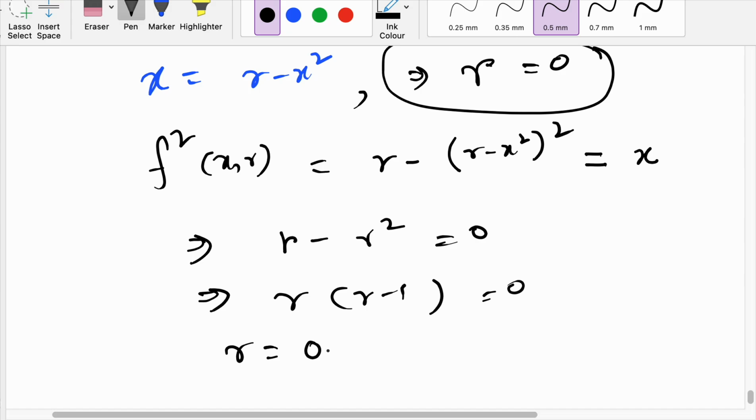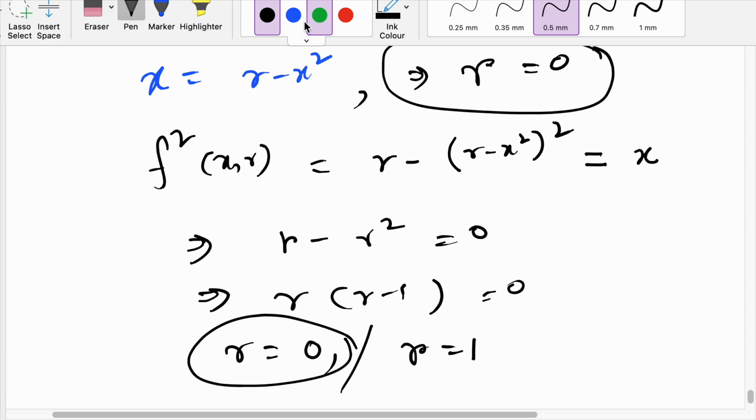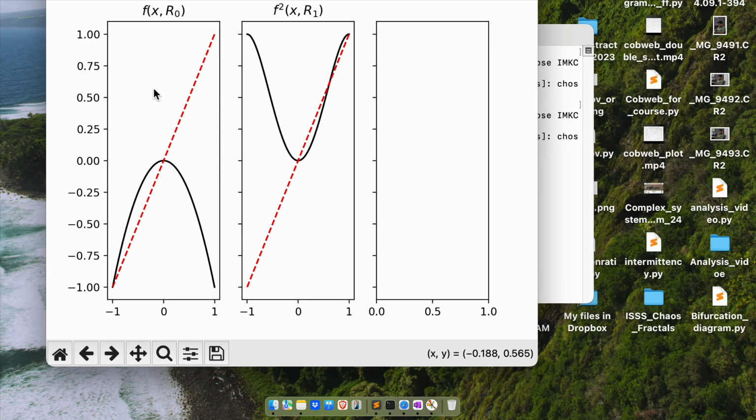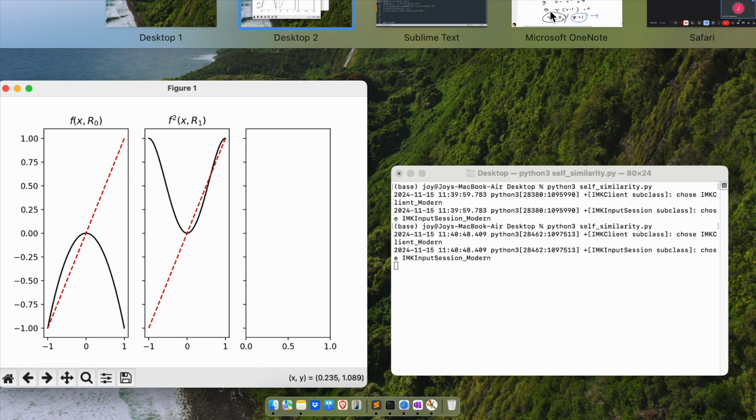So at r = 0 the first superstable orbit comes, but at r = 1 you will find the second superstable orbit occurs. You can find this example in Strogatz's book, so I am not going deeper into this. So what am I plotting here? At r = 0, so r0 means r = 0, I am plotting this function.